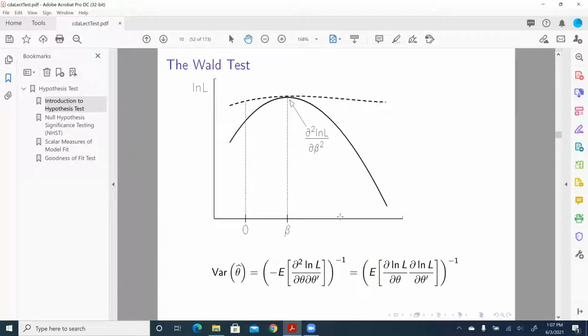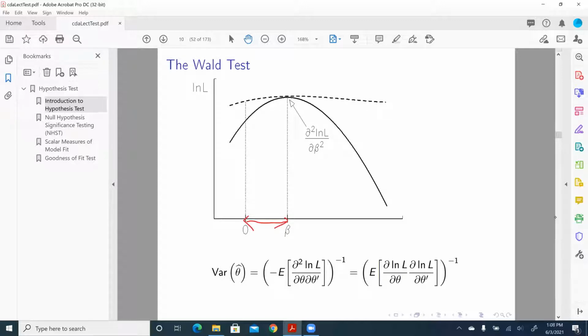Basically, what the Wald test does is gauge the distance between beta ML hat and beta equal to 0 in this case.